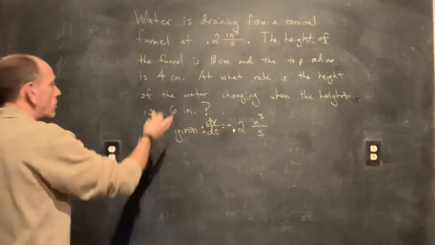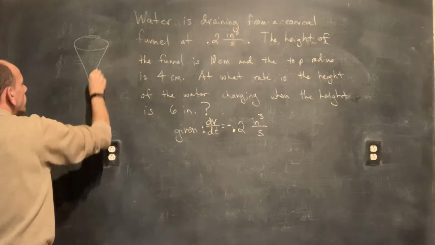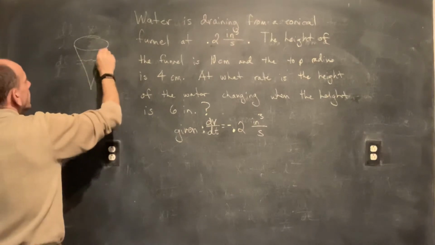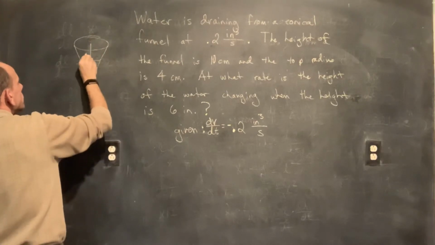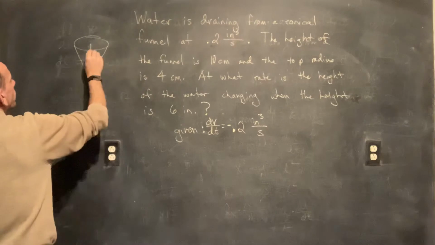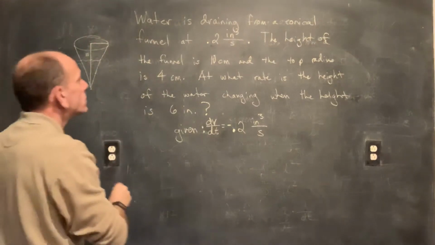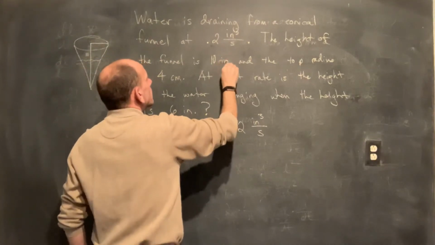Then let's draw some of our picture. We've got this conical funnel. It's got some water in it. Its height is 10 inches. And the radius at the top, or did I switch? I switched into centimeters, I'm sorry. Inches.